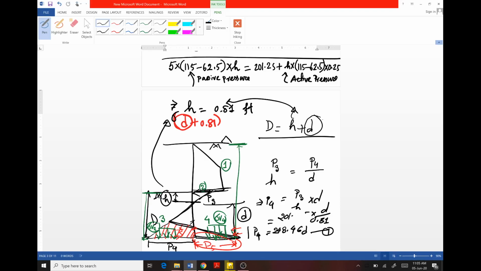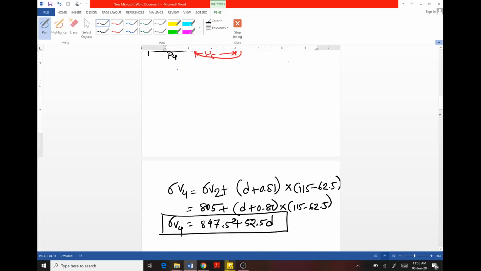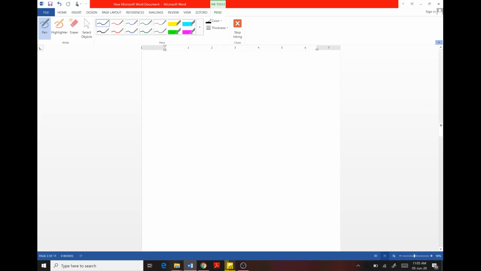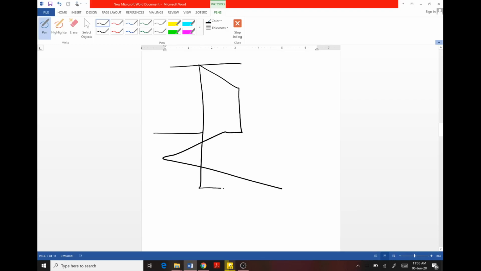So to determine the horizontal force, we have to determine the pressure area. I would like to clearly draw the earth pressure diagram again. This is the earth pressure diagram.